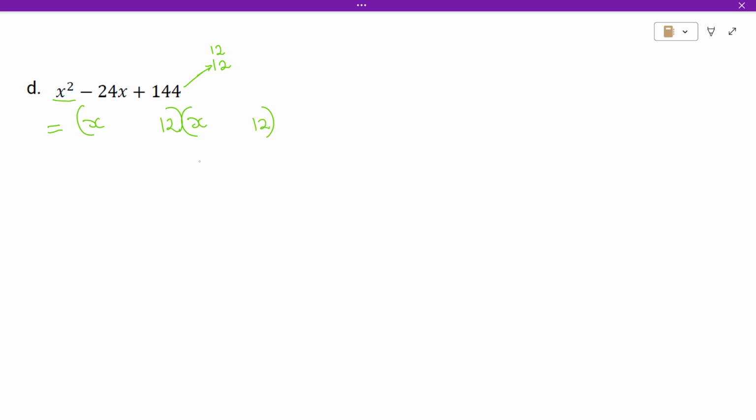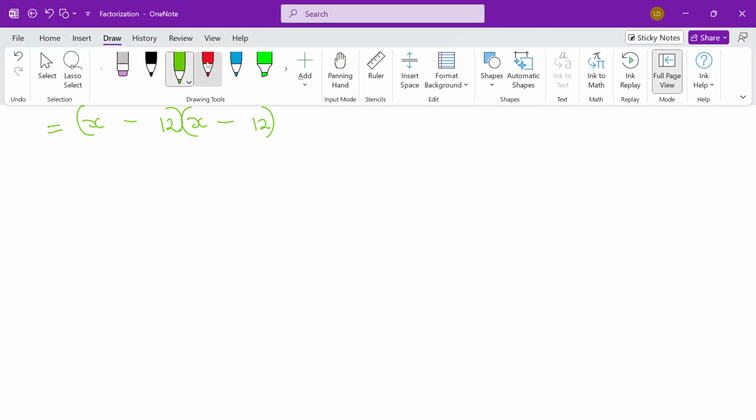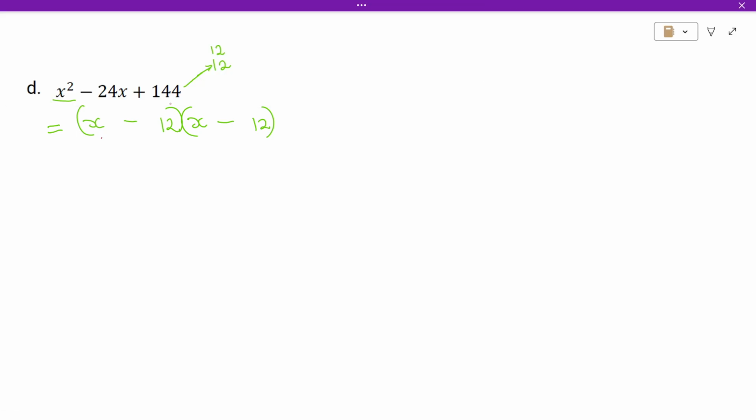And then because we have a plus sign here, the signs in the brackets are going to be the same, and the sign that they're going to have is the sign of the middle value, which is minus. I'm assuming that you have some idea of how to factorize quadratic trinomials here. I'm just going to invite us to multiply these brackets out again.